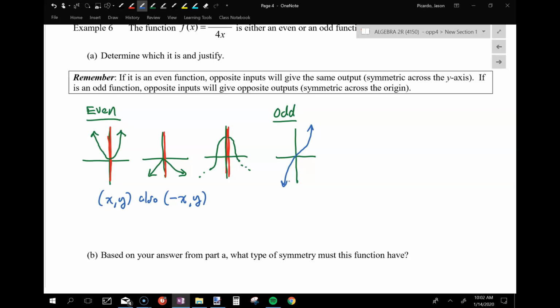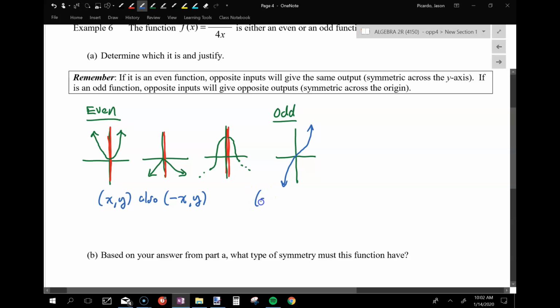And if it looks exactly the same upside down as it does right side up, it's odd. So does it look exactly the same both ways? It does. And your rule is the exact opposite of this one. If you have xy, then you have negative x, negative y.